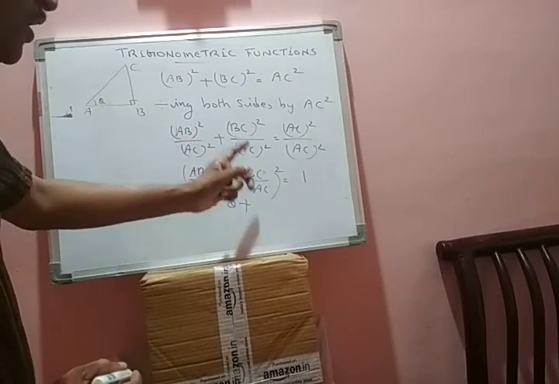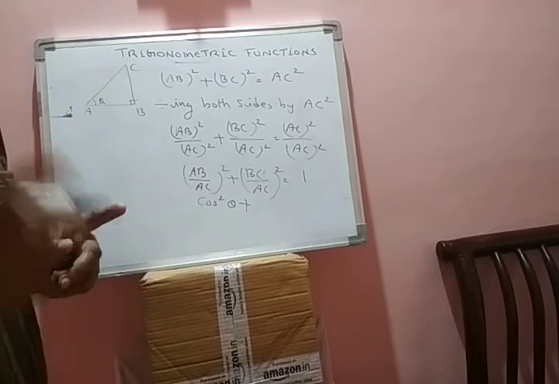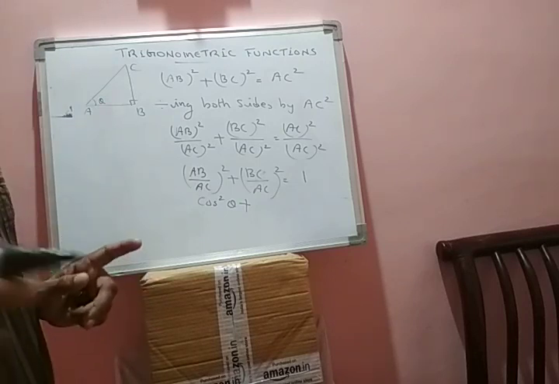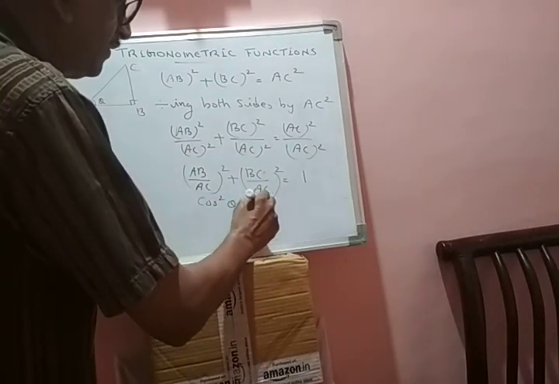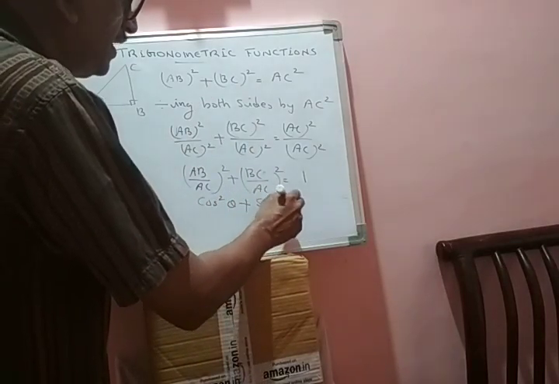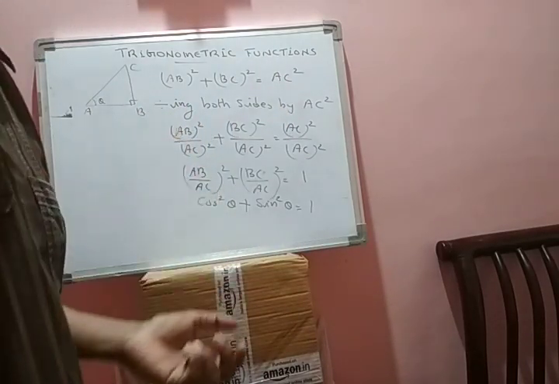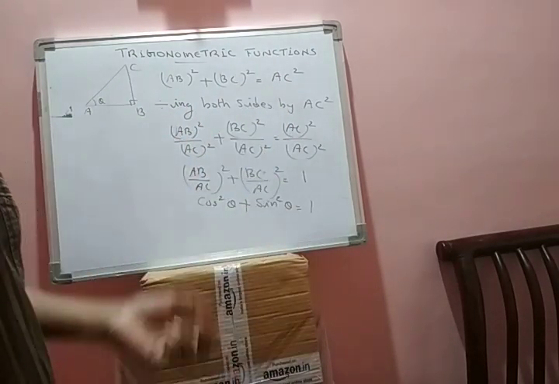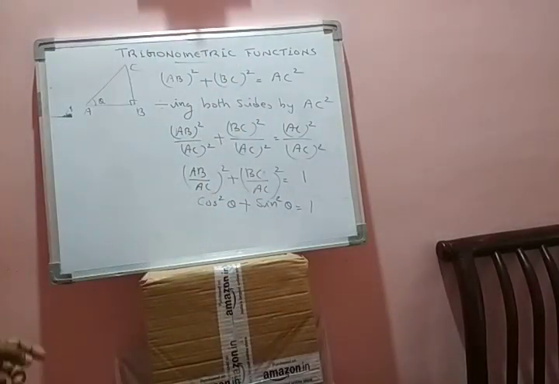Therefore, this ratio is opposite side by hypotenuse, which is sin theta. Therefore, this portion is sin squared theta, is equal to 1. This is the first fundamental result of trigonometry. Sin squared theta plus cos squared theta is equal to 1. Very, very important result.